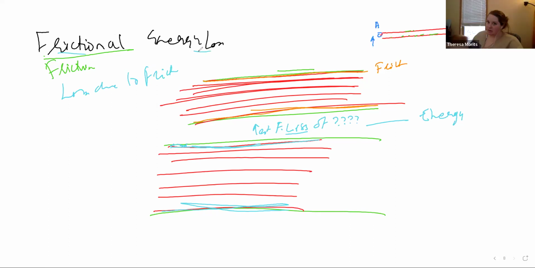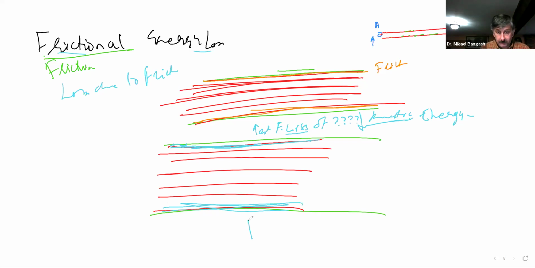So is it kinetic energy? It's going to be the kinetic energy that will be decreased. And what would that decrease in the kinetic energy lead to? A slower flow. Okay, good.